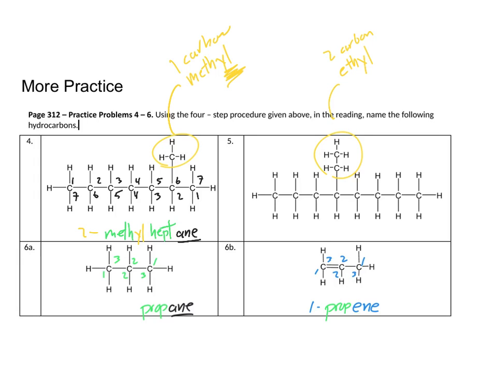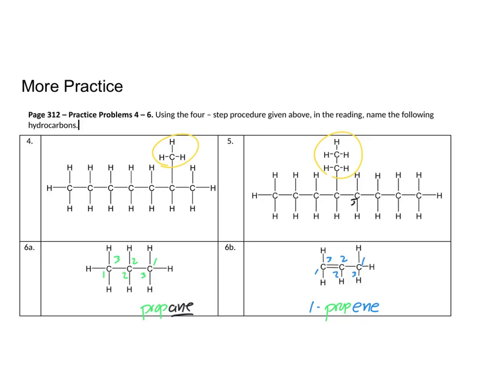For number 5, we still have to identify that it is all single bonds, so it's an alkane. We're going to count the carbons: 1, 2, 3, 4, 5, 6, 7, 8. So it's 8 carbons long, so we're going to call it an oct, like octane.